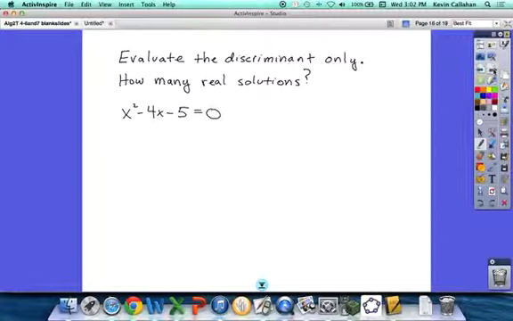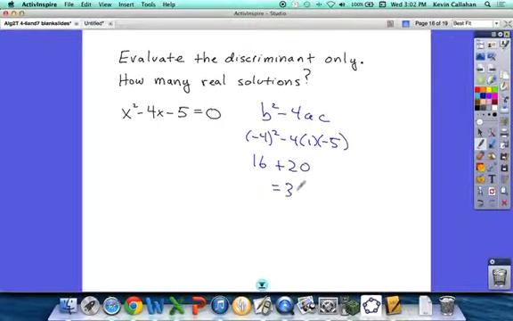Okay, in this problem here, right, we need to fill in the numbers for b squared minus 4ac, right? What is the a and the b? Negative 4, negative 5, right? So this is going to be negative 4 squared minus 4 times 1 times negative 5. 16 plus 20 is 36.